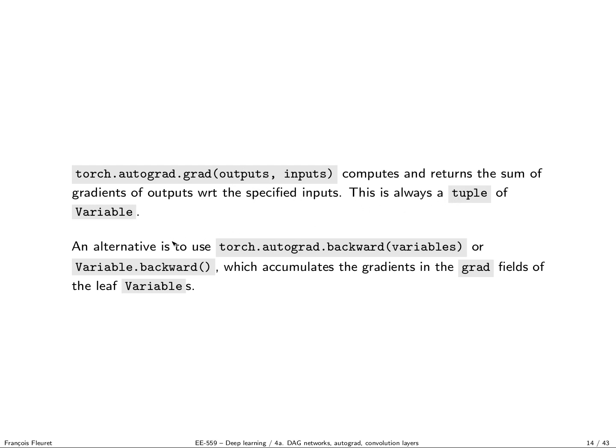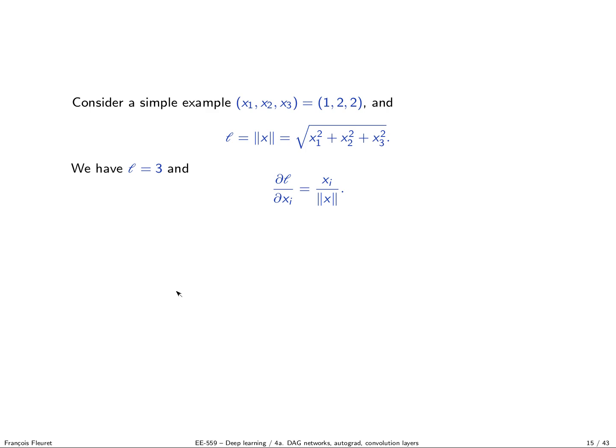The second one is torch.autograd.backward, which can be called directly by applying backward to a variable, and which will accumulate the gradient in the grad field of all the variables on which the one you are calling it on depends. This may sound a bit complicated, so let's take a simple example.